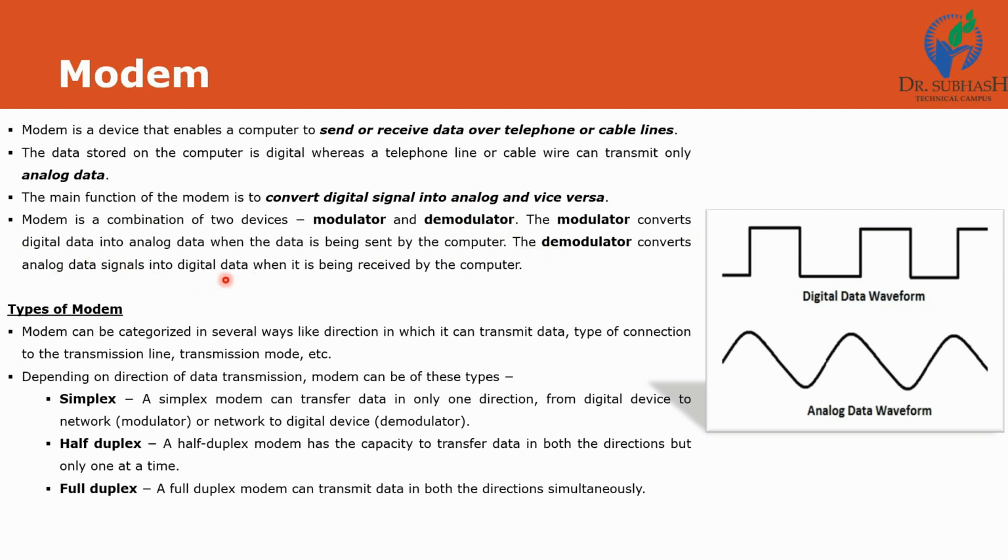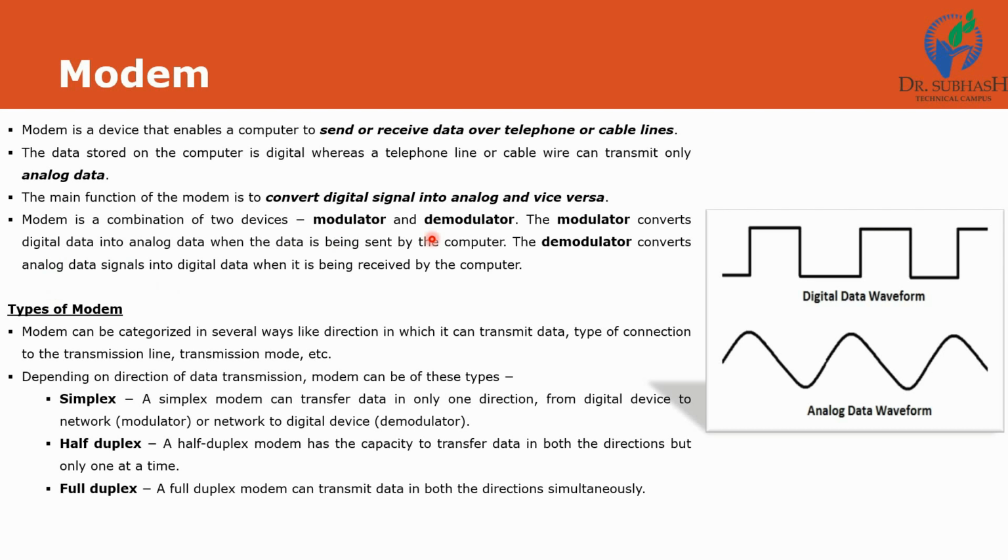Whenever we pass data from the computer to the telephone line, the computer passes digital data and the telephone line uses analog data.